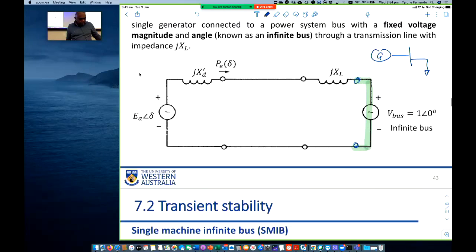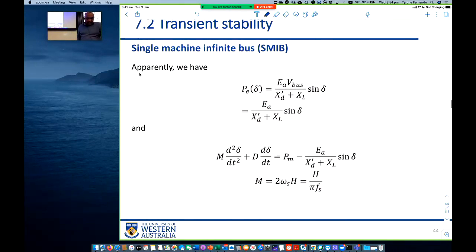Okay, so here comes that important equation. Do you remember that? This is the power that is injected by the generator, because the generator and the infinite bus are connected with this reactance in between.